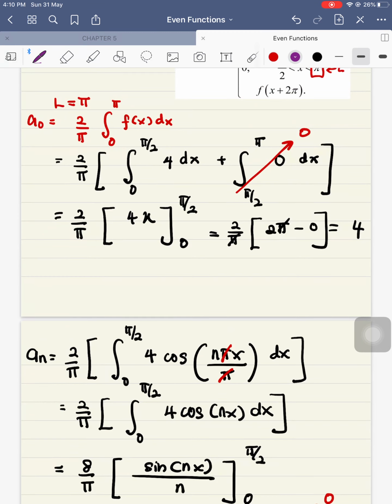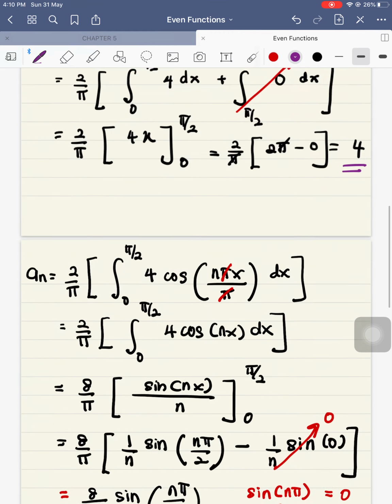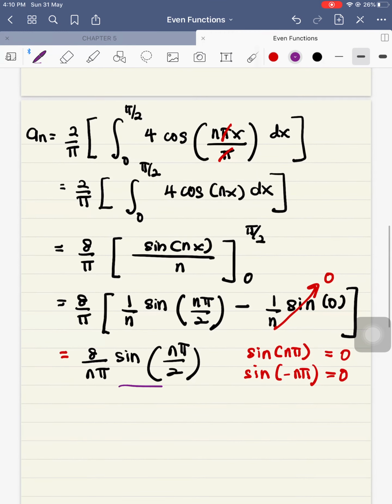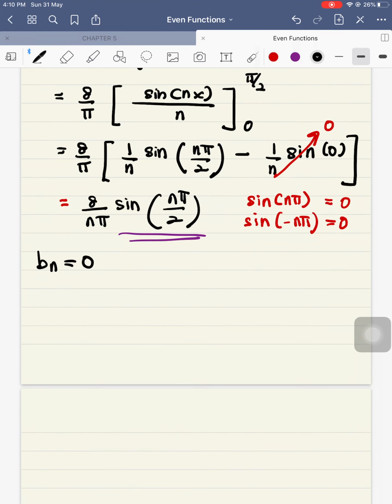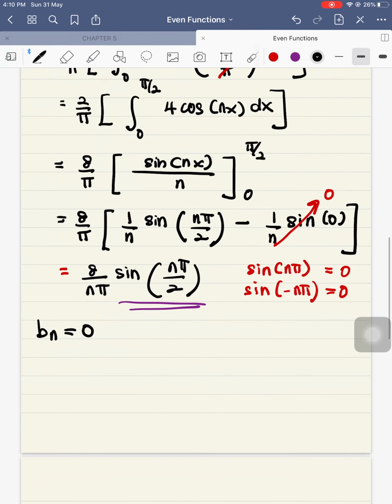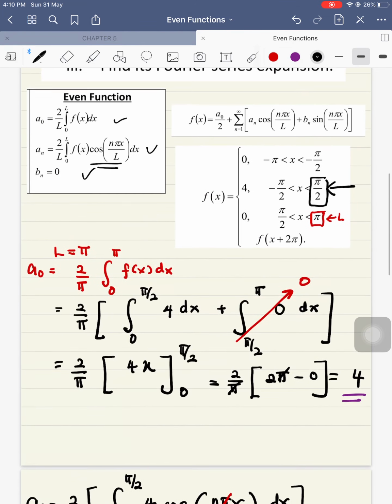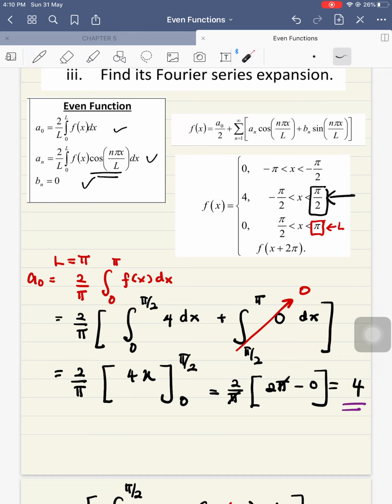Okay, so now you already have your A naught, you already have your an, and you know that by using these properties, Bn is equal to 0. Okay, so therefore, what is your Fx? So by using this formula here, your Bn is equal to 0, so this one cancel out.